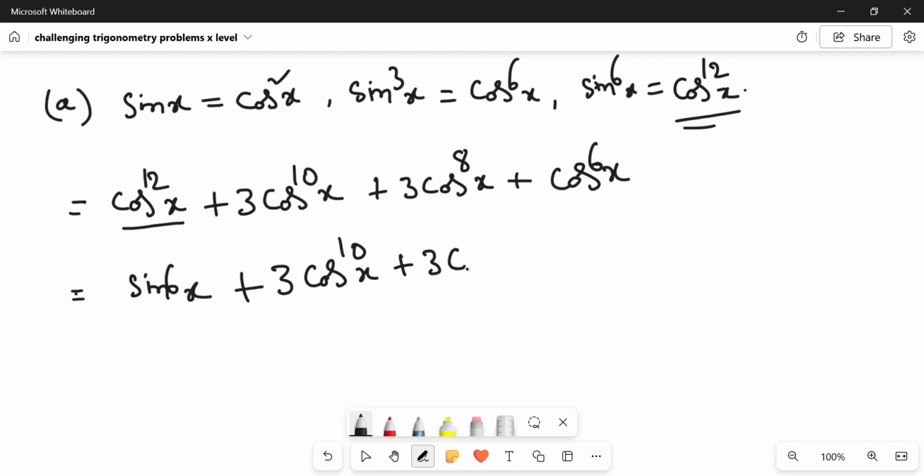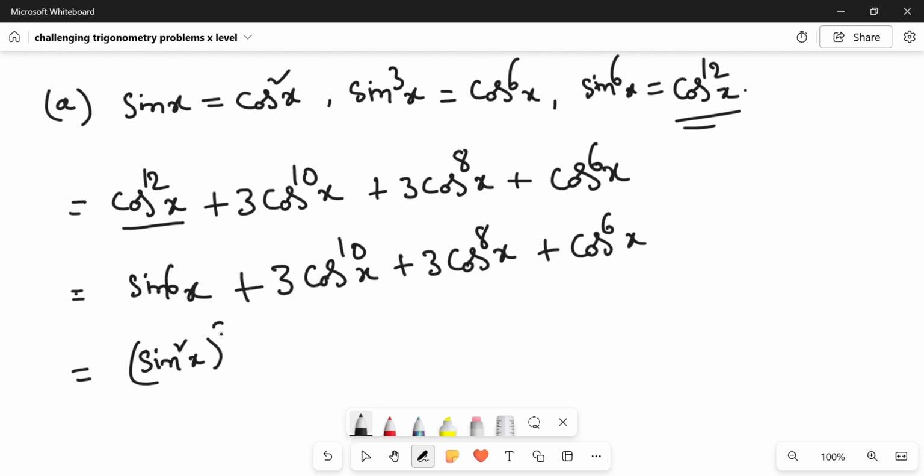So this is 3 cos power 8x, like this. Let us keep it, don't worry much about this. Let's keep the cos power 6x as it is. Now, somehow I had to bring it to sin square x plus cos square x whole cube. That is the crux. So let's write this as sin square x whole cube.